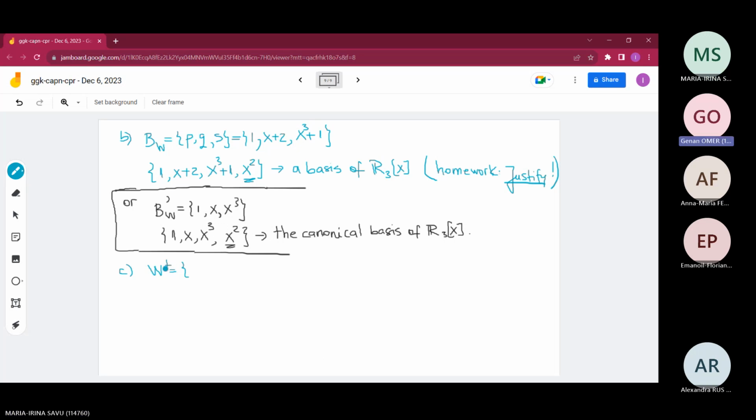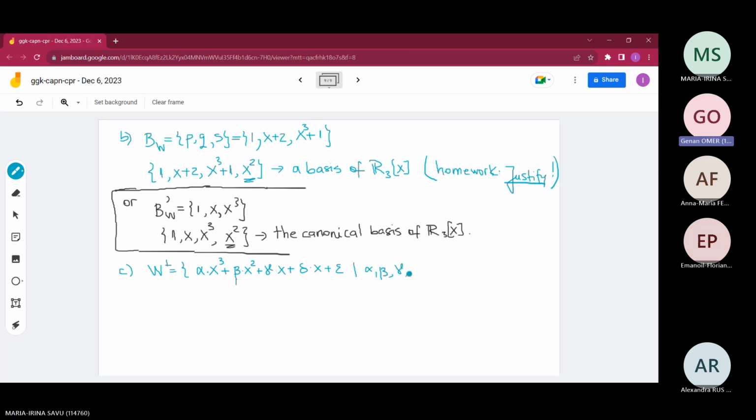Let's say alpha x cubed plus beta x squared plus gamma x plus delta.